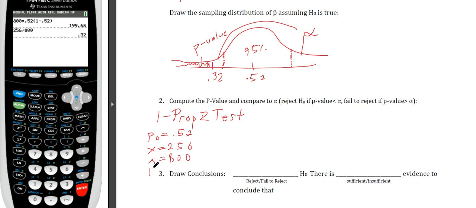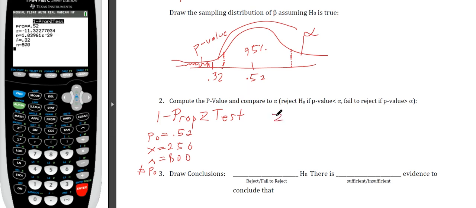And what we're looking for is not equal to that value. That's our direction. So we run that stat over and test the fifth option. p sub 0 is 0.52, 256, 800, and we want not equal to, so that first option.